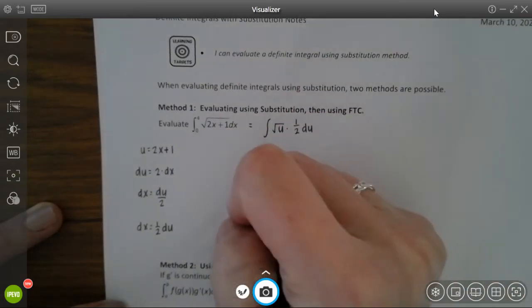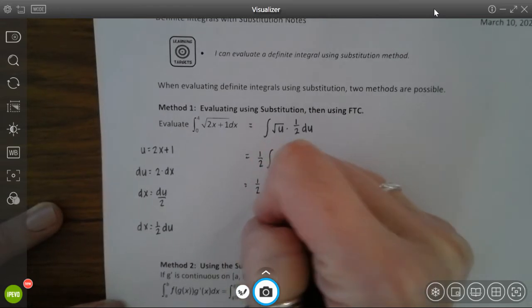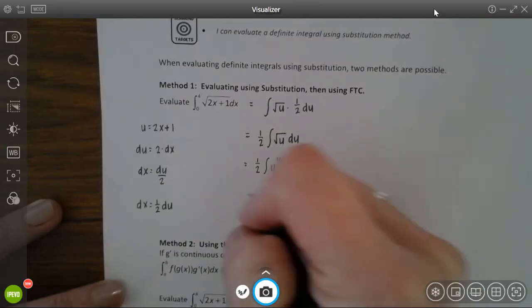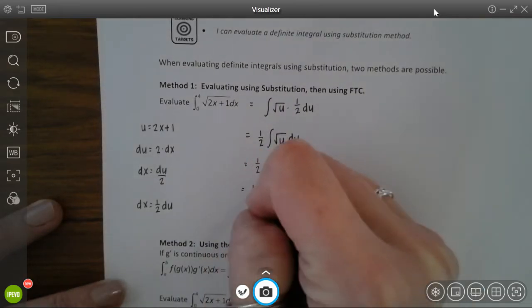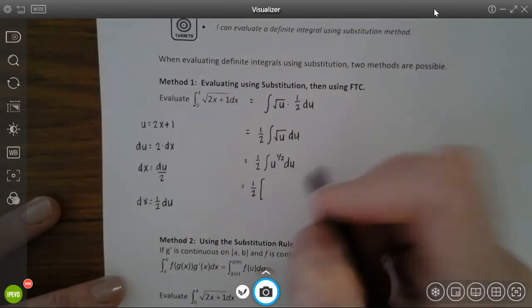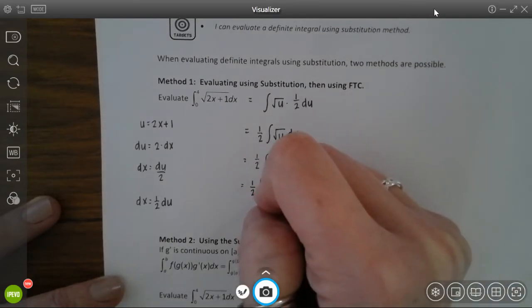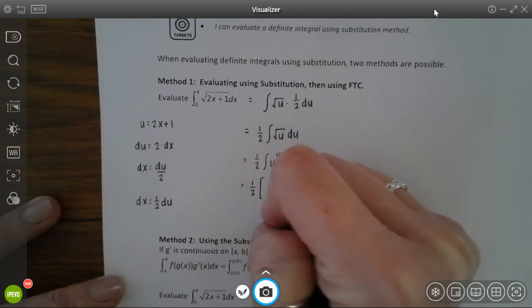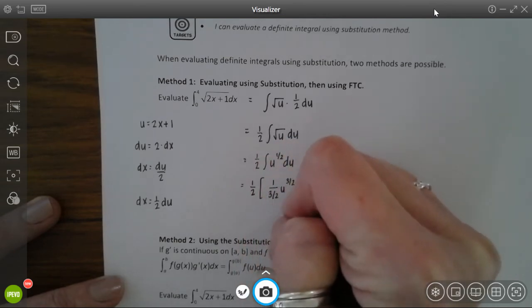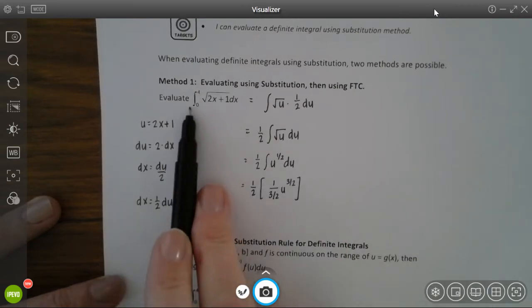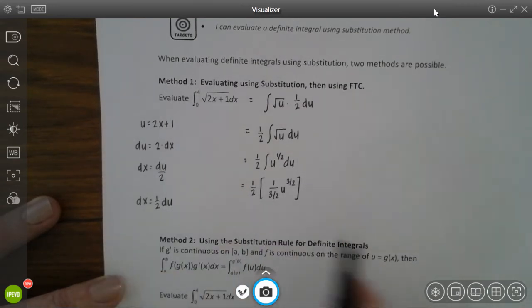And then I'll turn that into a fractional exponent so that I'm able to use my power rule. So I'm going to do 1/2 and take the antiderivative of u to the 1/2. That gives us 1 over 3/2 u to the 3/2. And I'm not going to put plus c here because we are evaluating over a specific interval, so we're not dealing with an indefinite integral anymore.